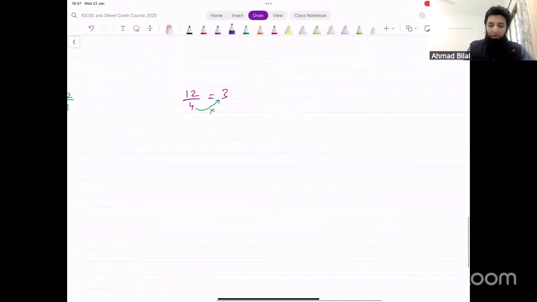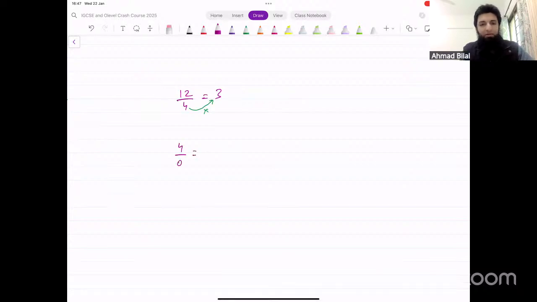Now, do the same thing with 0 as the denominator. So if you were now doing 4 over 0, again, what are you asking yourself? What do you multiply 0 by to get 4? What number can you multiply 0 by such that the result is equal to 4? Now, that does not make sense.